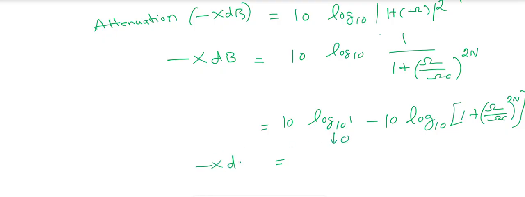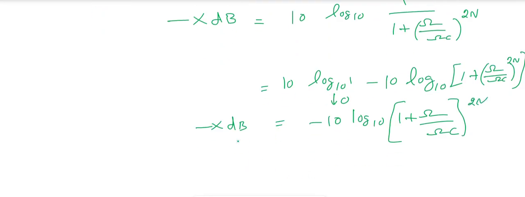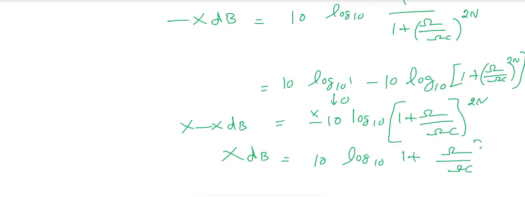So attenuation in dB is minus 10 log 10 of 1 plus (ω/ωc) to the power 2n. The minus will be cancelled, so attenuation in dB is equal to 10 log 10 of 1 plus (ω/ωc) to the power 2n.